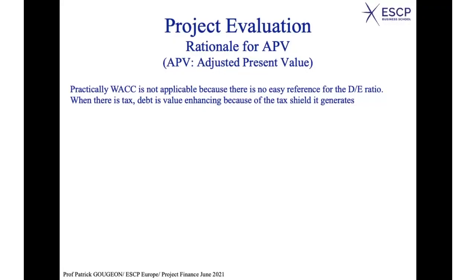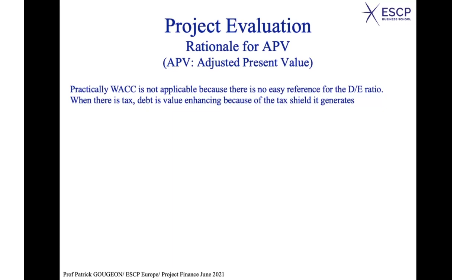And that's the reason why debt is value enhancing, because it brings the cost of financing down, and it generates a kind of cash flow, which is a tax shield. We call it a tax shield. The tax shield is the amount of money you save by paying less taxes. The tax shield is a cash flow generated by the debt in terms of lower taxes to be paid.